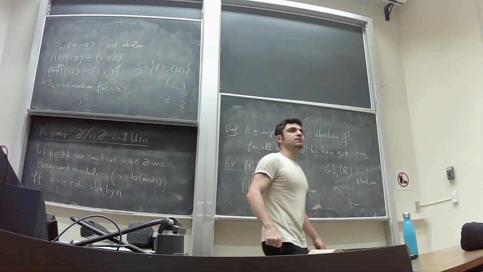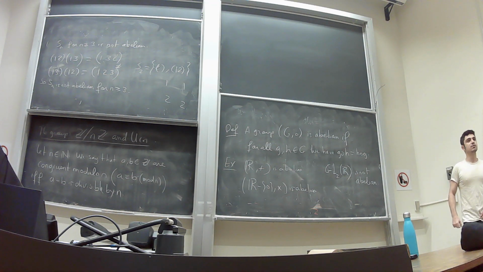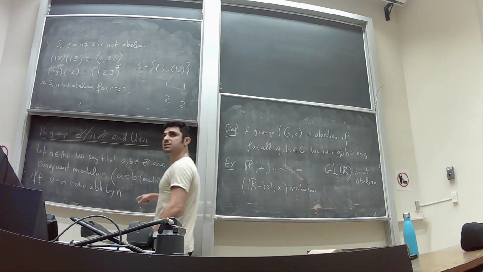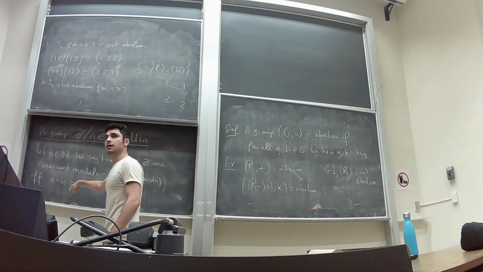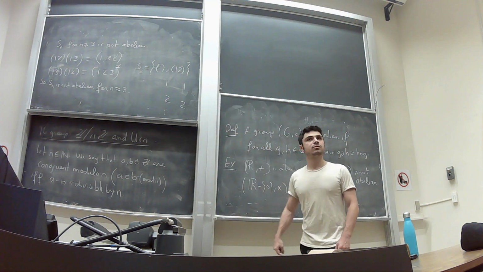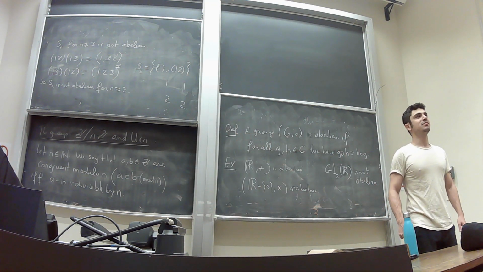We've seen this relation before. We didn't see the word congruent, but we did define a relation on Z, and we said that a and b are related if the difference is divisible by n. We took n equal 3 as an example, maybe a week ago.